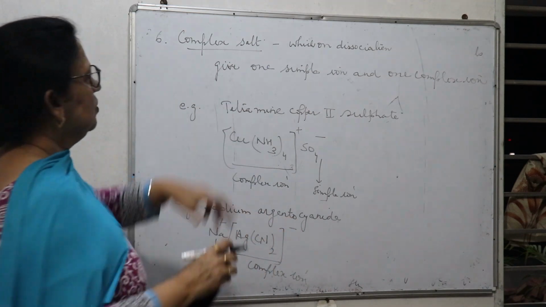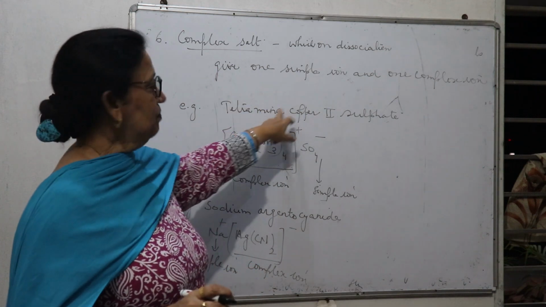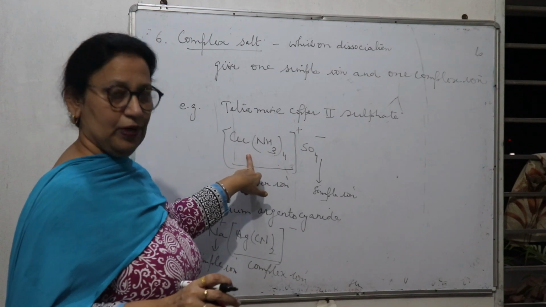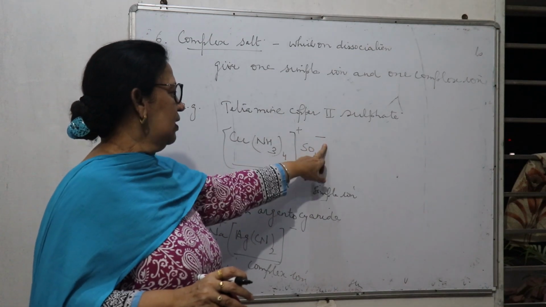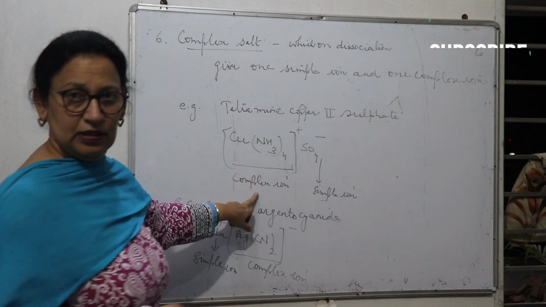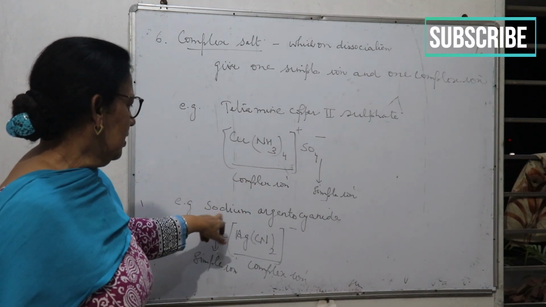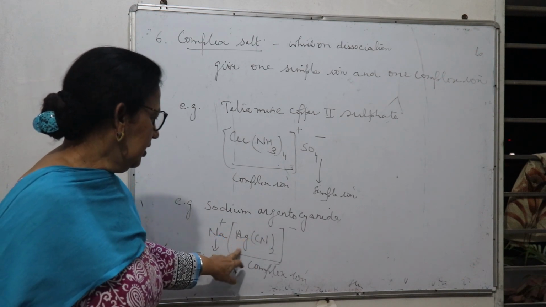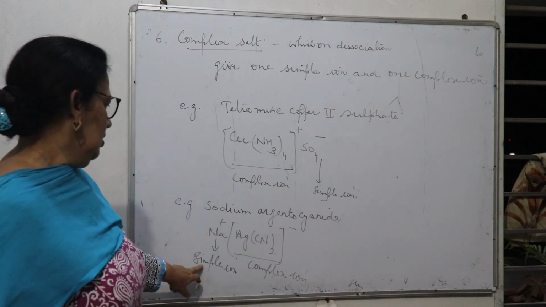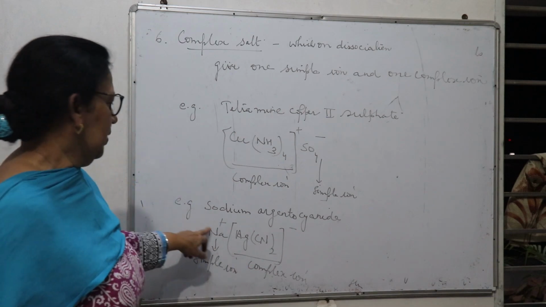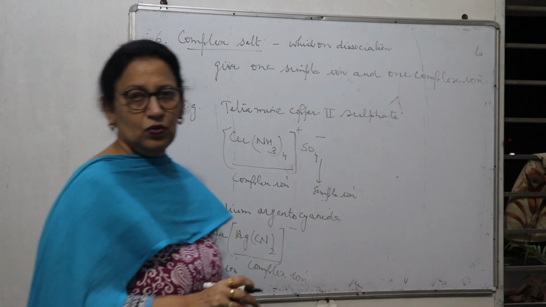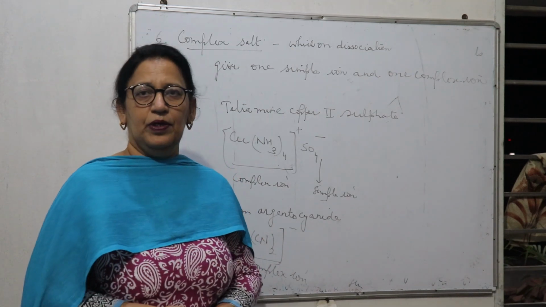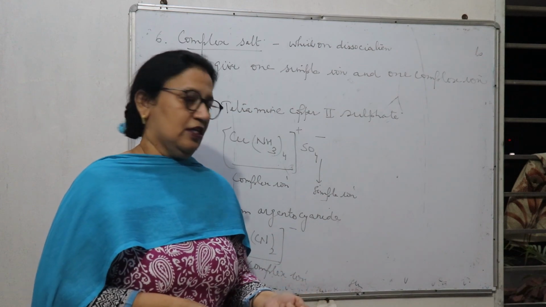So what is a complex salt? One which on dissociation gives one simple ion and one complex ion. In the first example, the simple ion is the negative ion and the complex ion is the positive ion. In sodium argentocyanide, Ag(CN)2 is the complex ion and the simple ion is the sodium ion. So these are the 6 types of salts with examples. Next we'll do next time. Thank you.